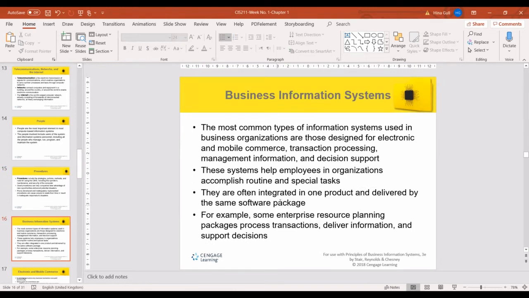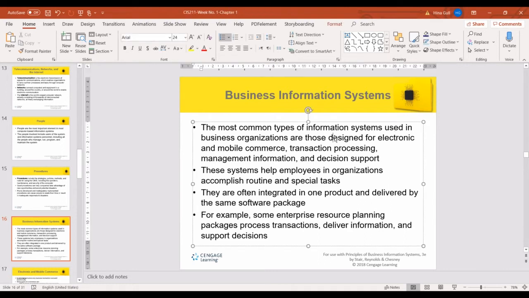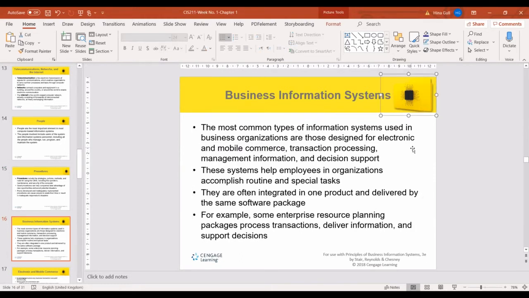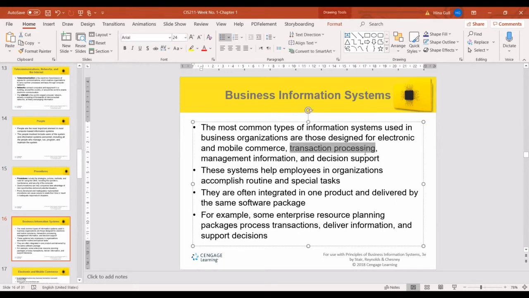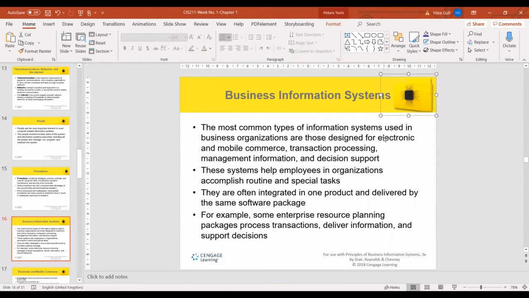Okay, next, the most common types of information system used in business organizations are those designed for electronic or mobile commerce: electronic commerce, e-commerce, mobile commerce, transaction processing, management information, and decision support. These are the most common information systems. And I think most of them are available in our university, except I'm not sure about mobile commerce or e-commerce.